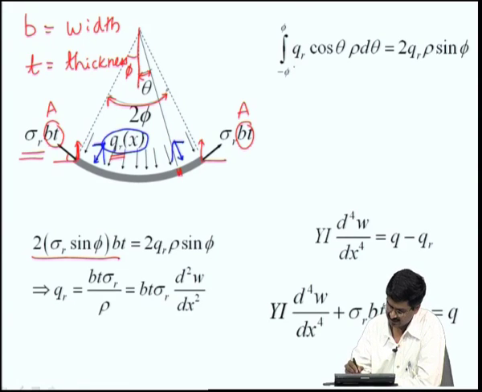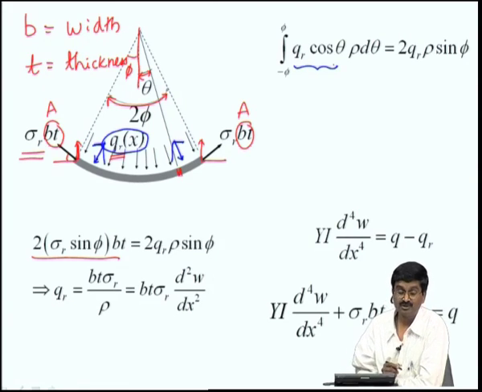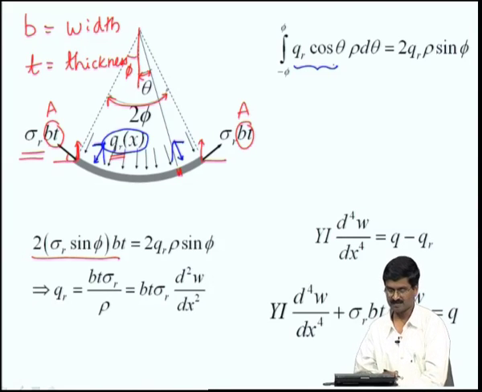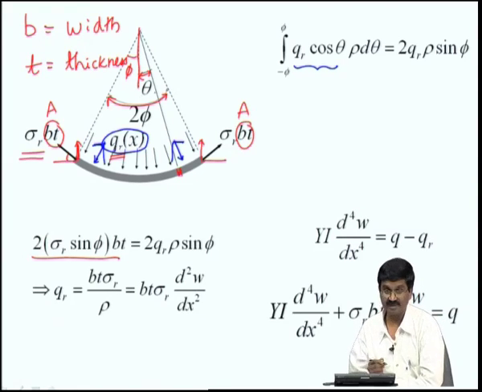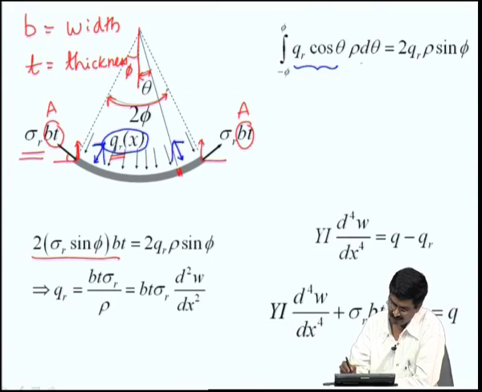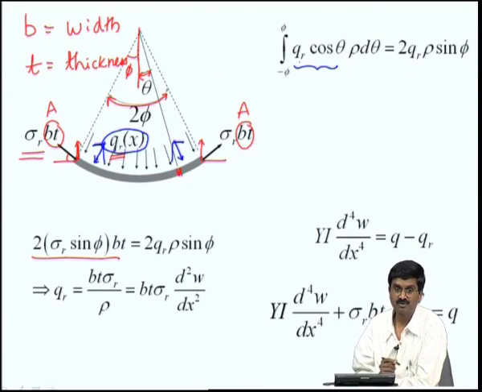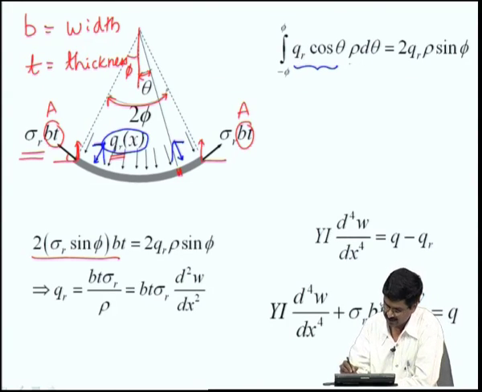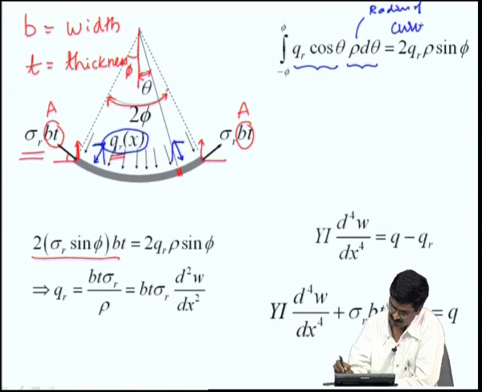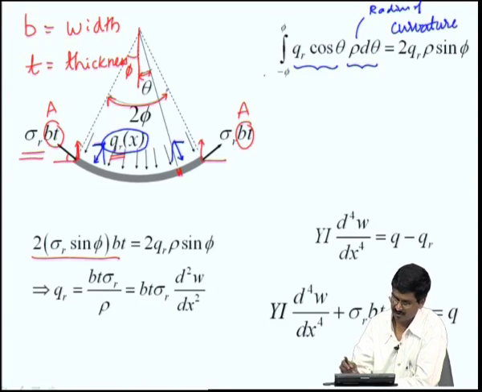That vertical component is taken as, is shown as QR times cosine theta, the theta is varying, times rho d theta, because QR as you know is the force per unit length. So, you have to multiply by the length, rho here is the radius of curvature, that is the length, and force, the total force.